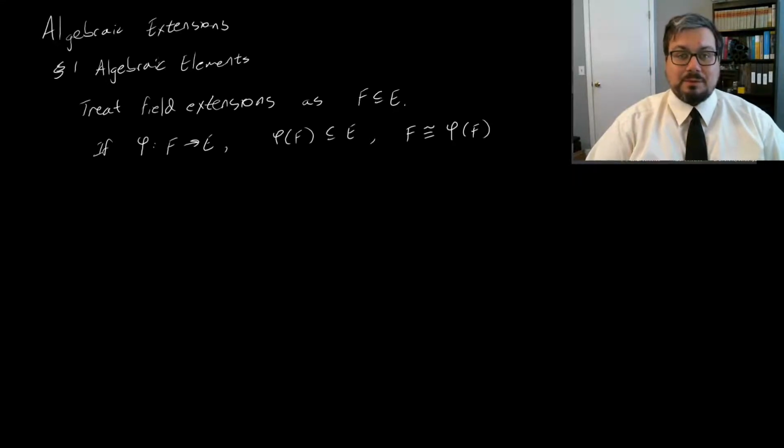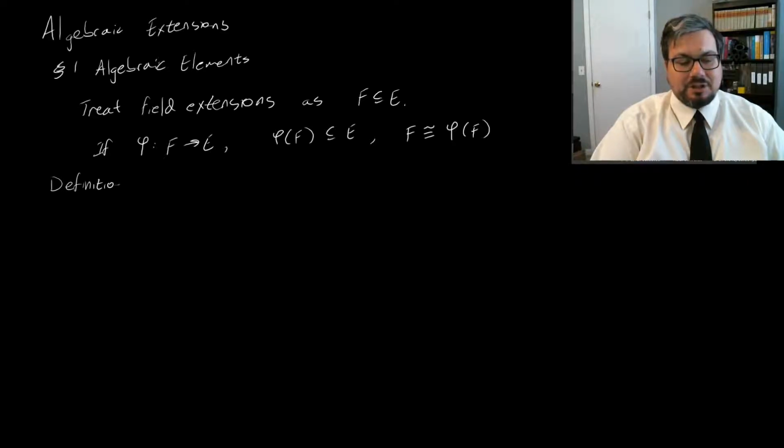And all of the theorems that we're going to say could be written in the more general style, but we really wouldn't gain very much there. So we're going to be looking at field extensions like this and talking about algebraic elements. Let's give a definition for that now.